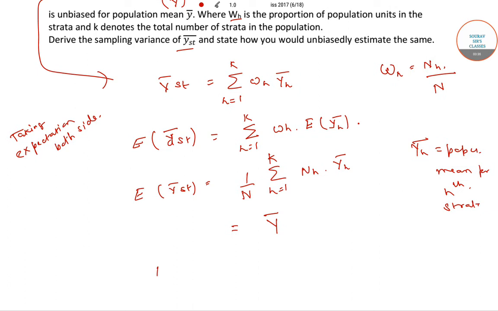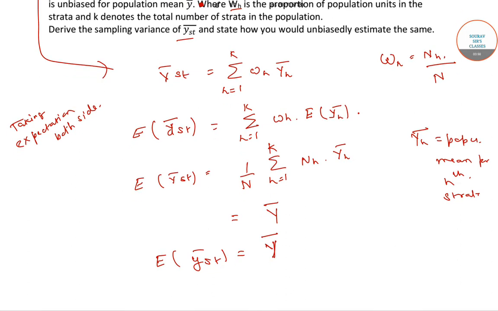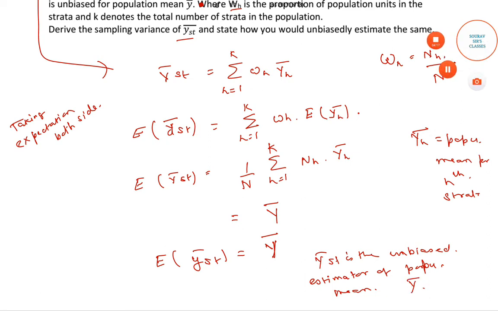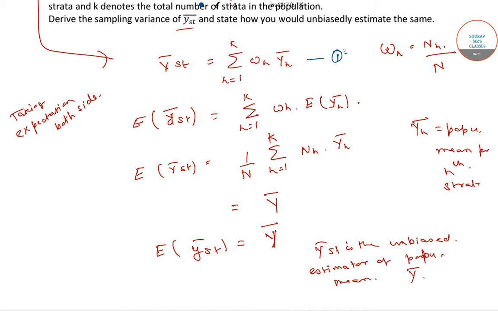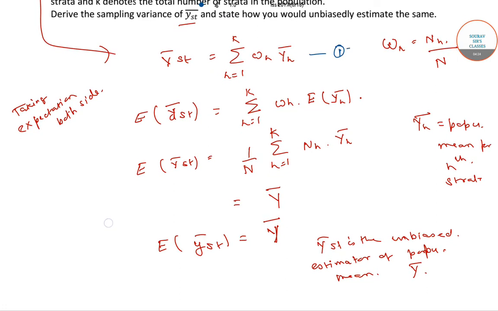Thus we get expectation of ȳst equal to the population mean capital Ȳ, that is, ȳst is the unbiased estimator of the population mean capital Ȳ.